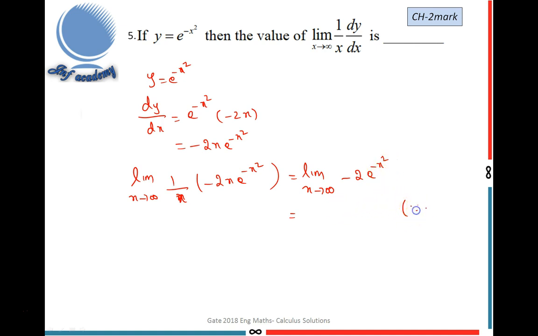You know, e power minus infinity value is 0. So finally I got the answer, which is 0. These are the GATE 2018 engineering mathematics questions related to the concept of limit, continuity and differentiability.